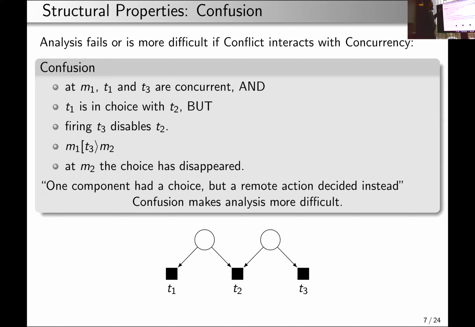So confusion is problematic in our setting, in the whole ARIA program. For instance, what is confusion?